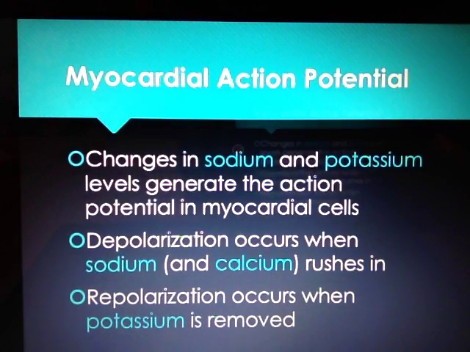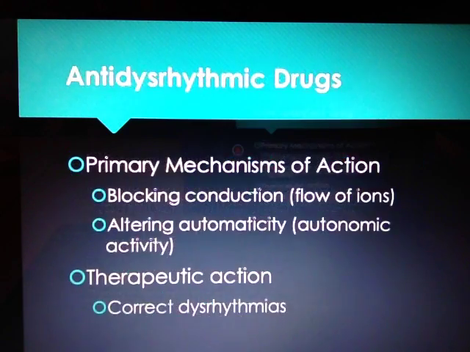The myocardial action potential refers to the changes in the sodium and potassium levels, and these generate the action potential in the myocardial cells. Depolarization occurs when sodium and calcium rush in, and repolarization occurs when potassium is moved out.